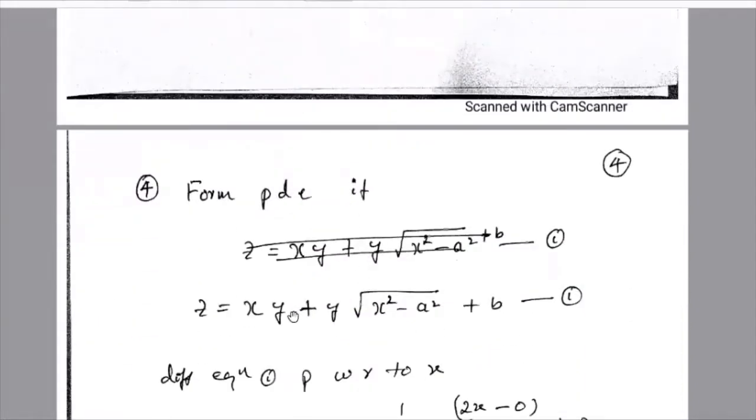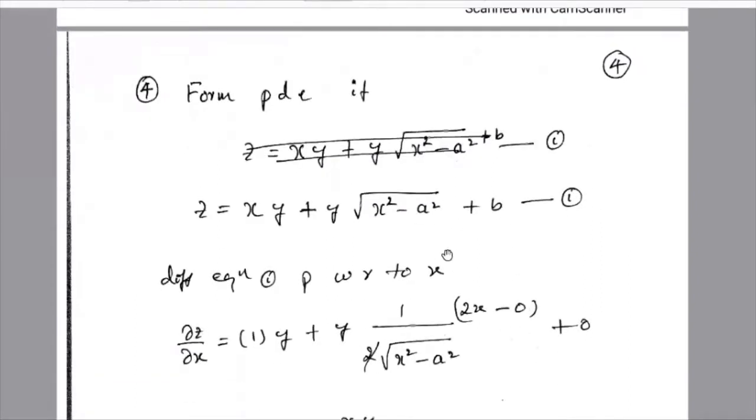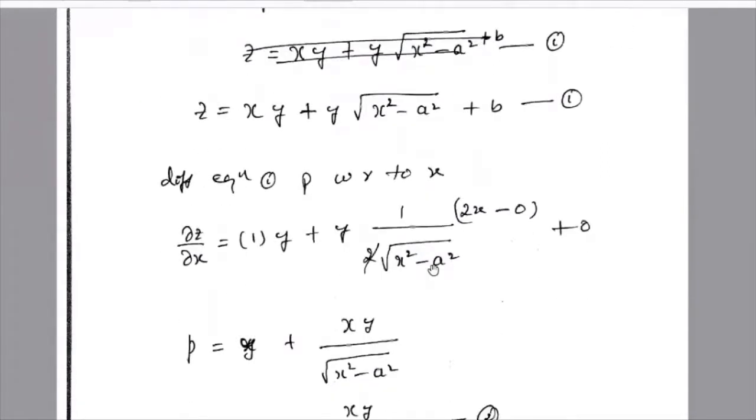Form the PDE if z is equals to xy plus y into square root of x square minus a square, plus b. So here the constants are a square and b. Again, how to eliminate the constants? We'll differentiate this with respect to x.